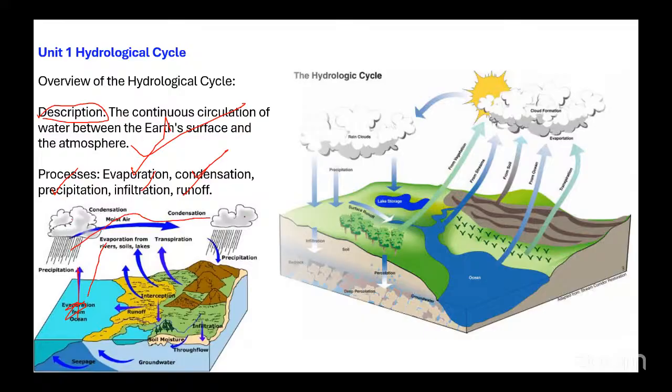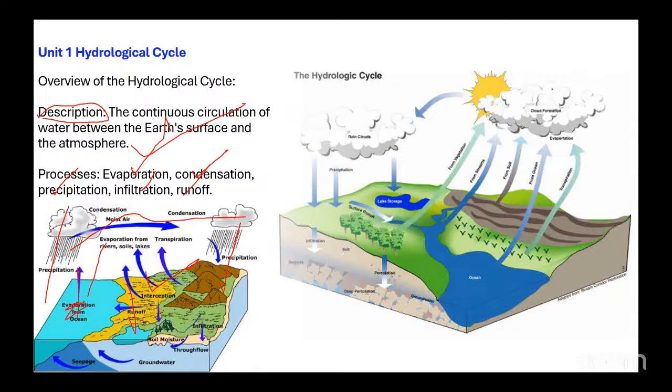Then precipitation, here and here you can observe precipitation. After precipitation, some water will be infiltrated, and some water will go as runoff into the streams or major rivers.